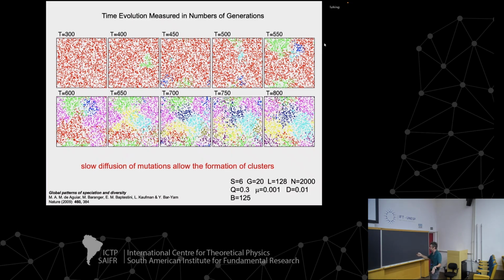So what's happening? Why is this happening? The idea is that there are no geographic barriers, but you have space, and the mating neighborhood is small. So if you have a mutation that happens here, this mutation can only be transmitted to an individual in the next generation, to an individual nearby, right?